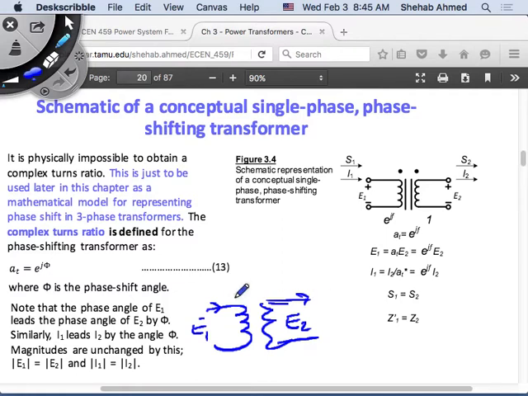The turns ratio is N1 over N2. That's the relationship between the voltages and currents on the primary and secondary sides. If I have current on the secondary side, I2, and I want to find the current on the primary side, I multiply by 1 over the turns ratio, right?